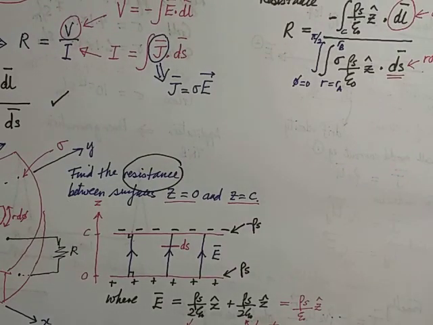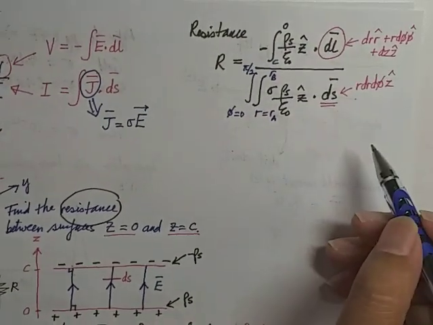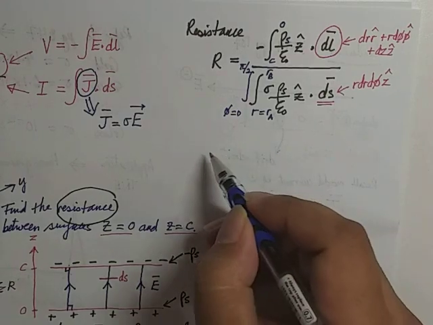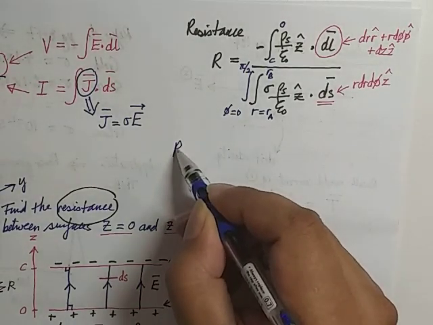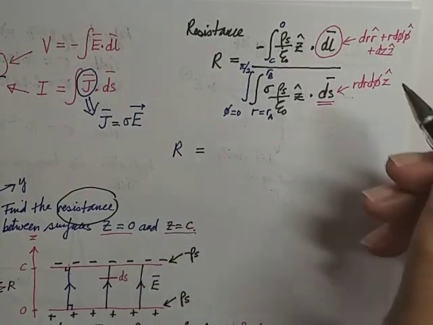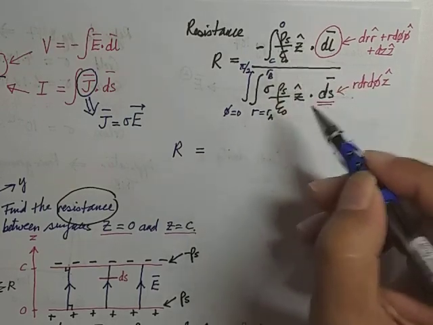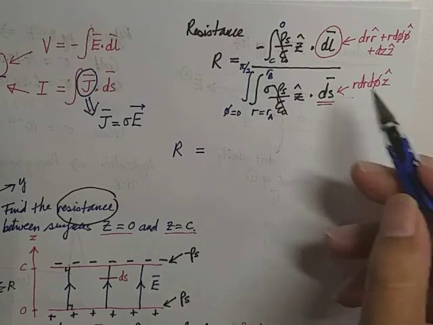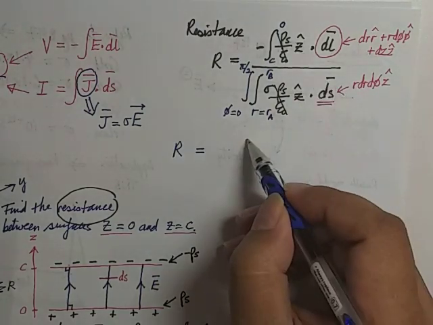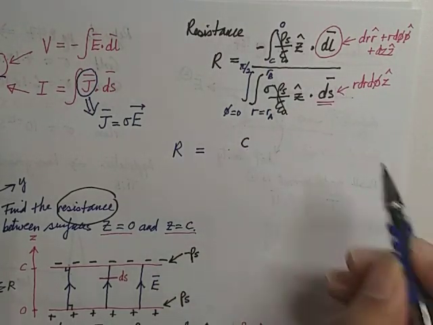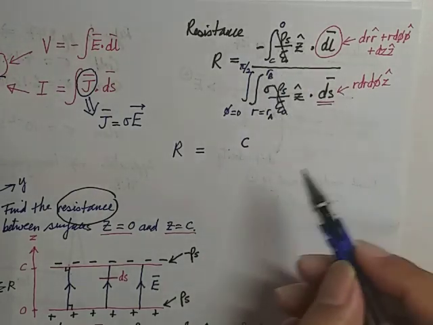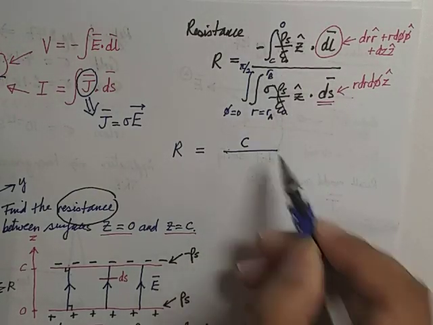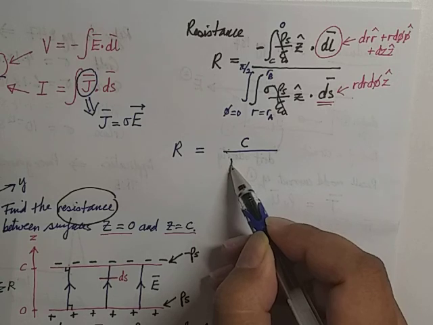Okay, so let's solve the mathematics now. So I can cancel my rho s over epsilon naught. That's cancelled. So I'm going to end up with c only, because the dz integral gives c, and sigma is still there.